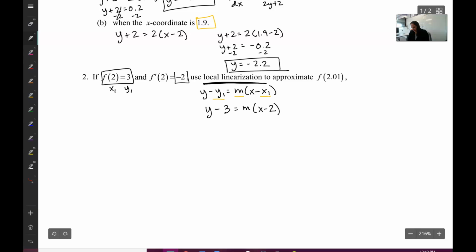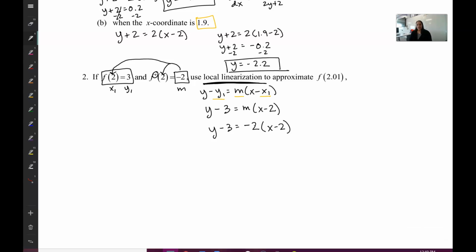And it looks like right there is my m. That is the slope, the derivative, at my x value. Note that these x values are the same. That's how I know it's my slope at that point. So I'm going to have y minus 3 equals negative 2 times x minus 2. There's my m.